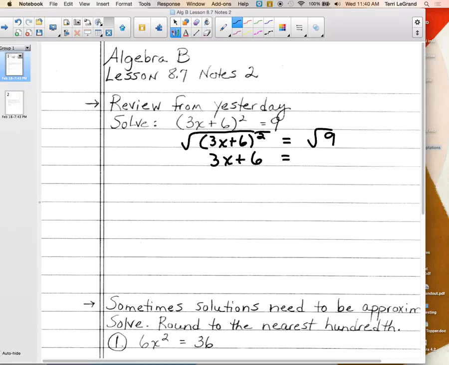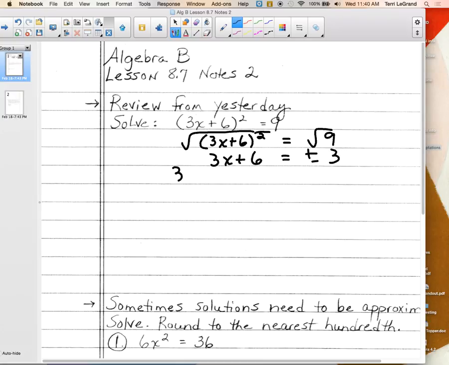3. Really? Positive and negative 3. There are two square roots of 9, positive and negative 3, and that's just our shortcut way of writing it. Okay, so now what would we have done next in yesterday's work? Cameron? Wrote an equation for both the negative and positive.